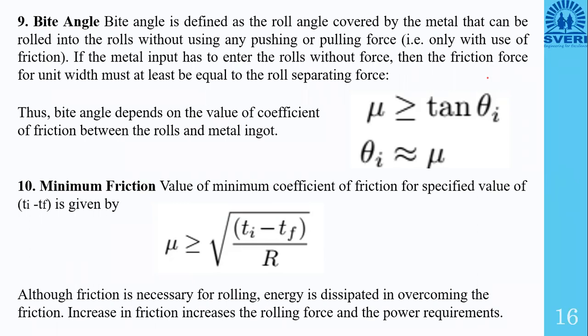If friction is increased, then the roll force required for reduction, or the roll separating force, may be increased, and so is the power requirement, meaning the power required for driving that roll. Again, it is increased if the friction is more.